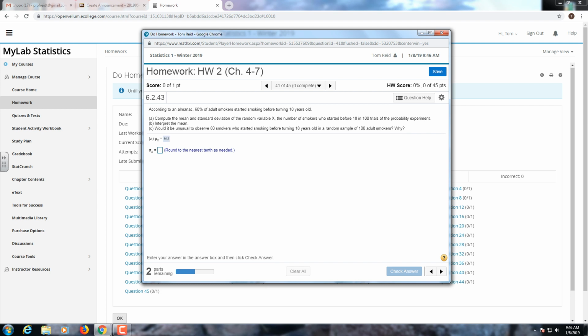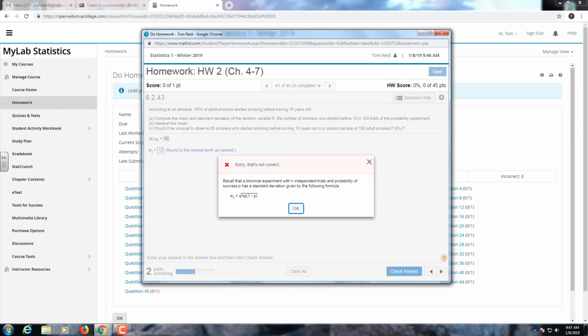That's that notation, sigma for the standard deviation, and the subscript tells you the variable. Now let's suppose that I think I remember a formula for this, but maybe I remember it wrong. I punch some numbers in and get an answer of 12, and I check that and it tells me, sorry, that's not correct.